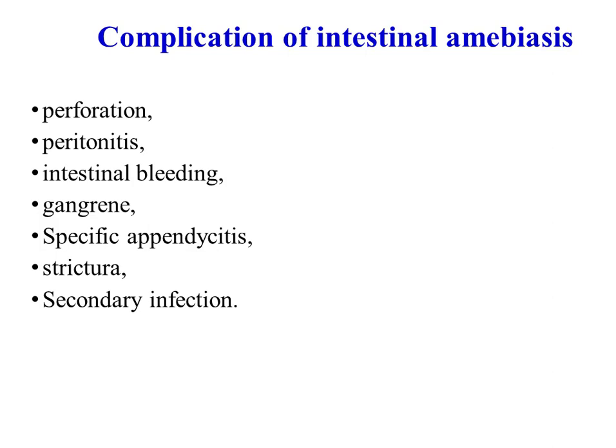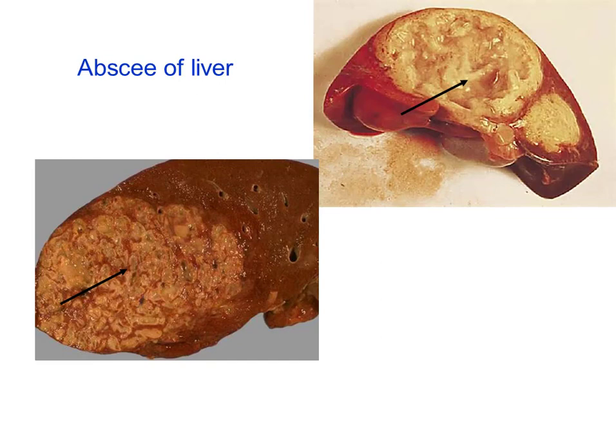We can speak about the formation of specific appendicitis, which is also a complication of intestinal amoebiasis. Due to healing of ulcers, excessive growth of fibrous tissue leads to the formation of strictures. And of course, secondary infections can also be one of the complications of intestinal amoebiasis.